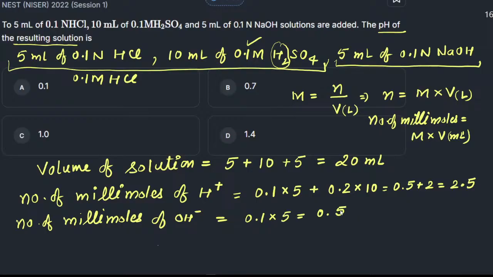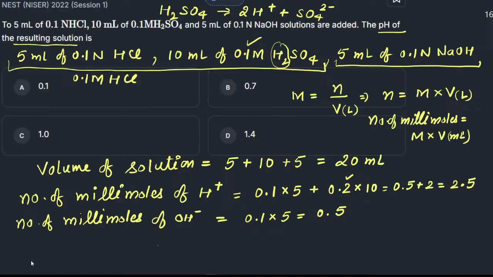Why did I take it as 0.2? Because in H2SO4, the molarity of H2SO4 is 0.1, but it is a strong electrolyte, so double the number of H plus ions are produced. That means the molarity of H plus ion from H2SO4 is double, 0.2. That's why I added 0.2 into 10.